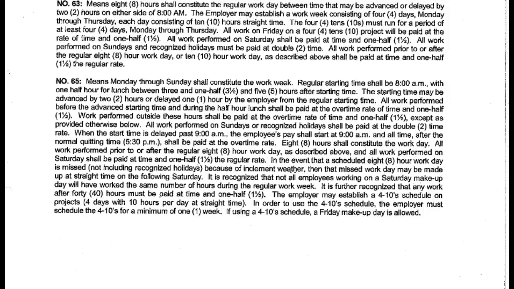You could start it at 6 or go all the way to 9. All work performed before the advanced starting time and during the half-hour lunch shall be paid at the overtime rate, time and a half. And work performed outside these hours shall be paid at time and a half. It tells you that you're going to pay double time on Sundays and recognized holidays.